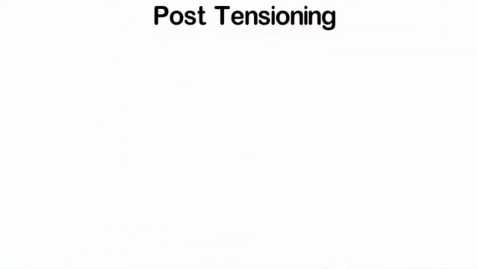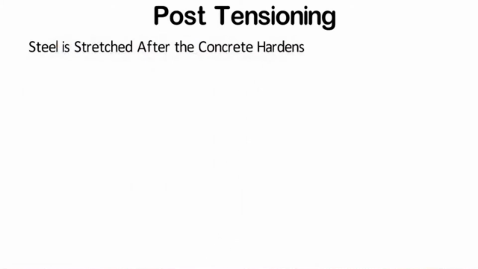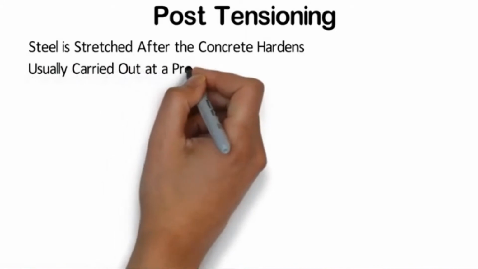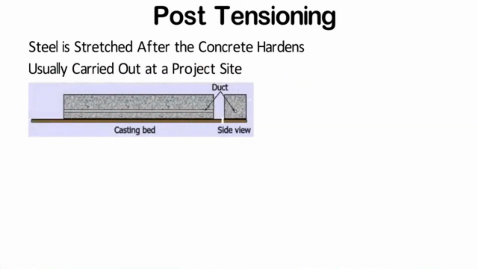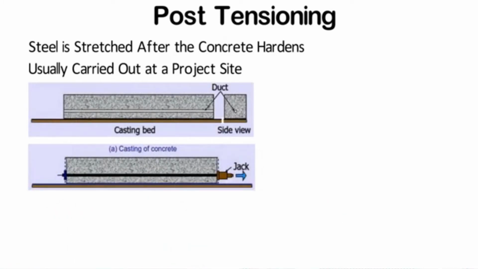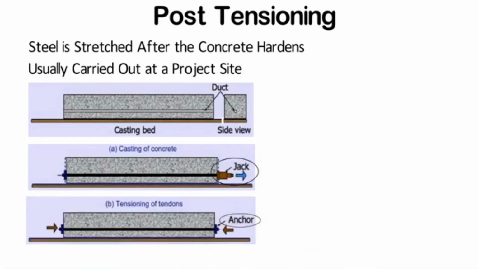Post-tensioning. In post-tensioning, the steel is stretched after the concrete hardens. Unlike pre-tensioning work, post-tensioning is usually carried out at project site. In case of post-tensioning, a sleeve or duct is placed into the concrete structure. Concrete is casted and allowed to cure. When the concrete reaches its required strength, the tendons are stretched and locked with anchors.